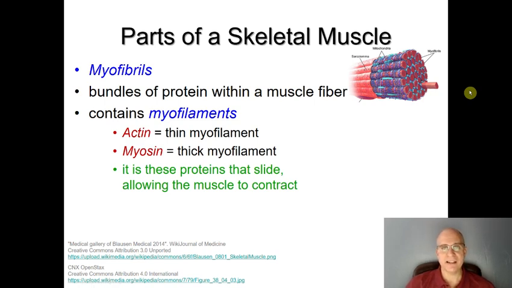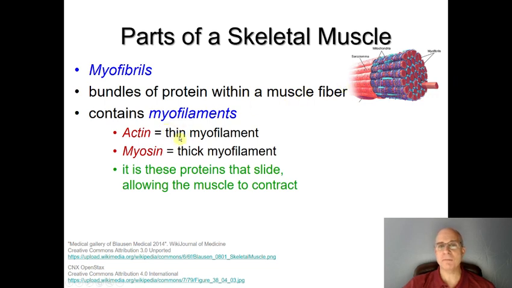If you find yourself getting confused with all of these myo and sarco terms, go back and look at the concept map that we put up a little while ago, and that will help orient you onto what we're talking about. So we said there's two major types of myofilaments. We've got actin, which is the thin myofilament, and we've got myosin, which is the thick myofilament.